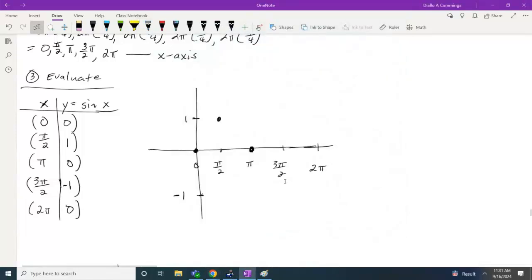So now I'm going to plot this point 3 pi over 2, negative 1. And then the last point is 2 pi, 0. And if I connect the points, all right, this should be the graph of y is equal to the sine of x.